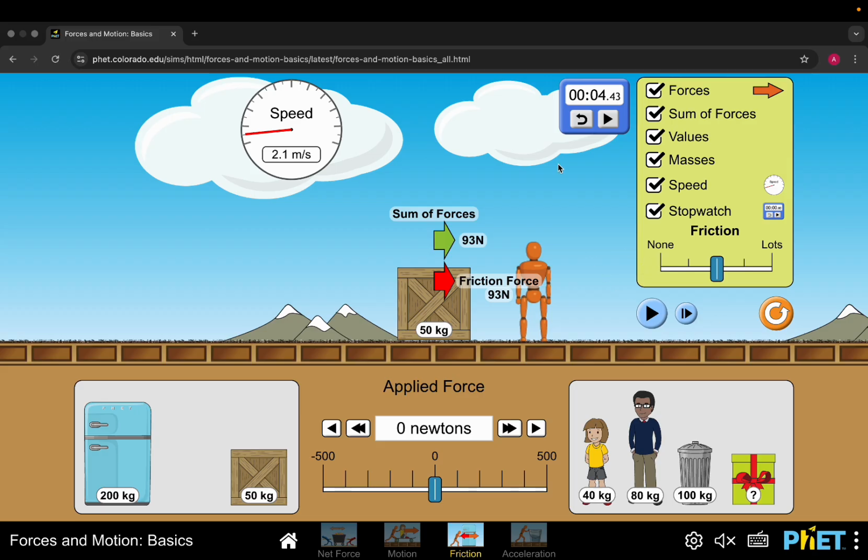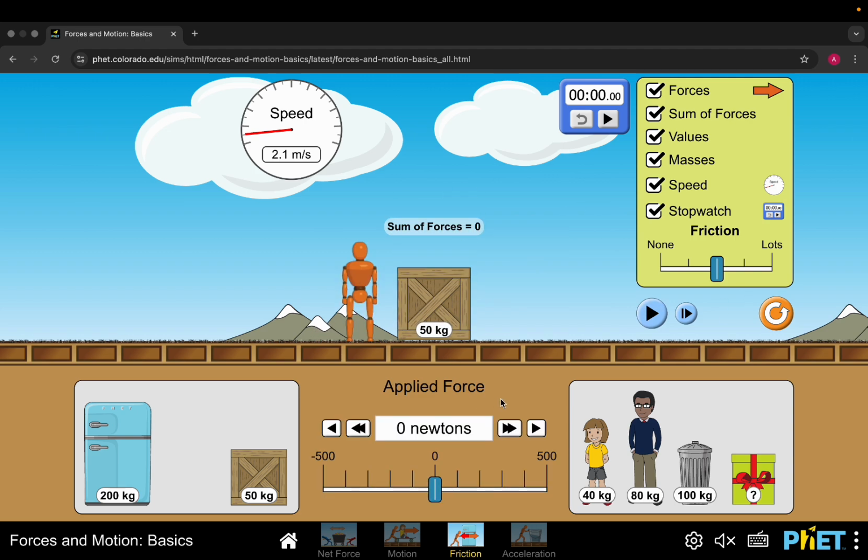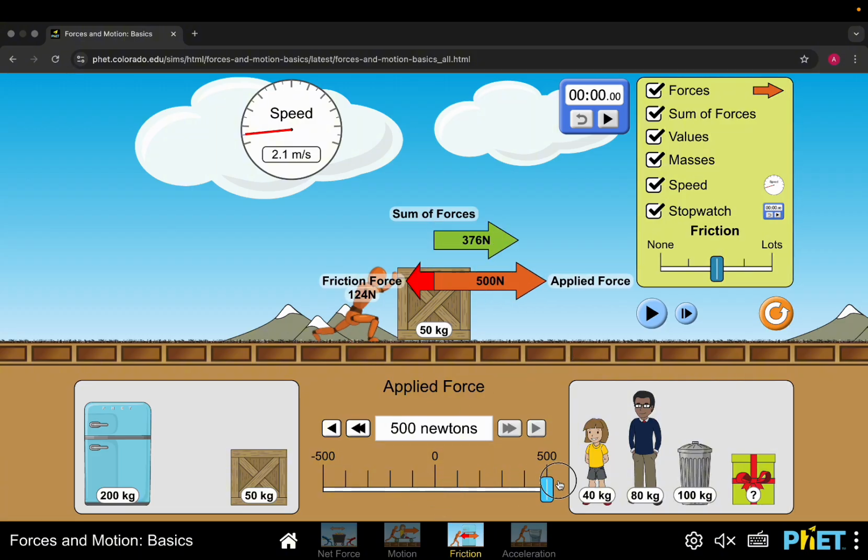And now, with friction, oh, I'm so sorry. I forgot to take the, oh, this is actually so insane. Wait, how can I? Oh, yeah. We're going to apply 500 newtons again. And no, I don't want friction force.